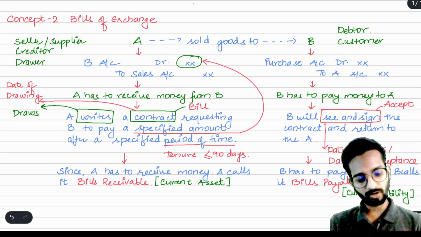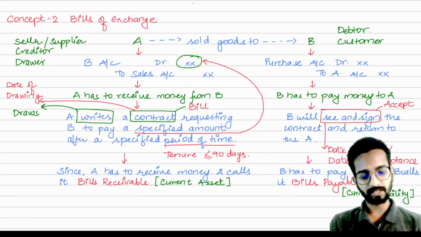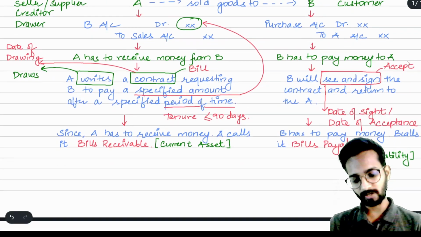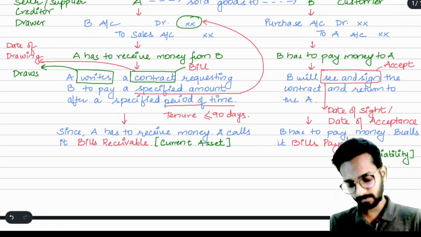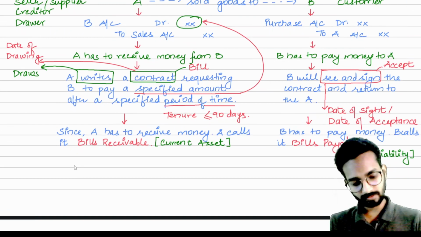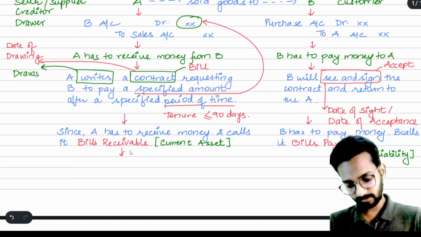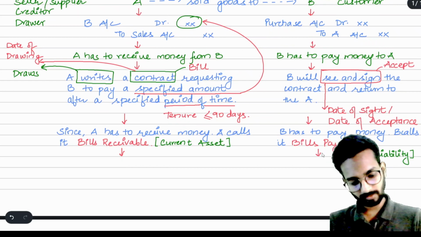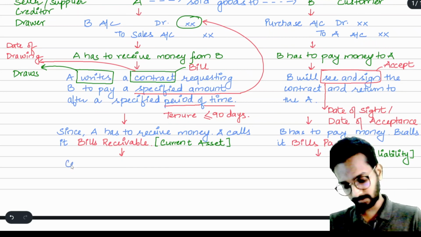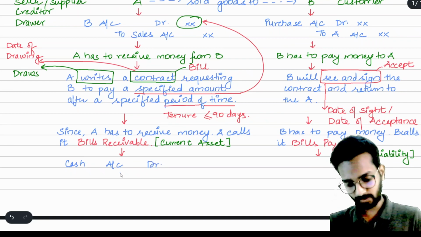See, we already know, if suppose after B's account debit to sale, I would have got the cash, then what journal entry would I have written? I would have written cash account debit to B's account.